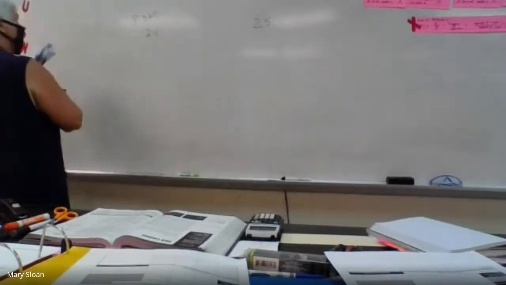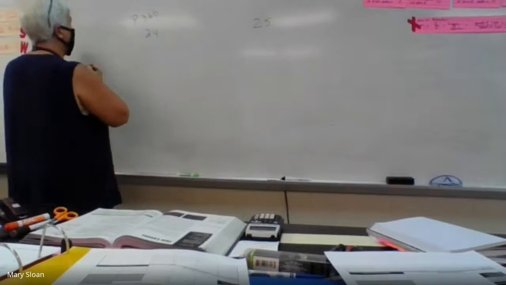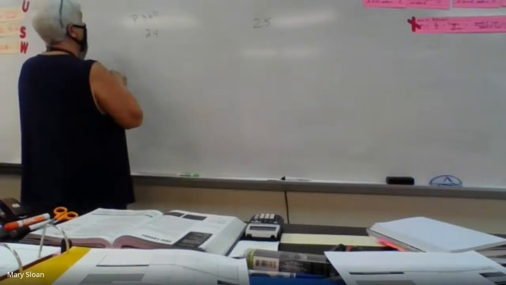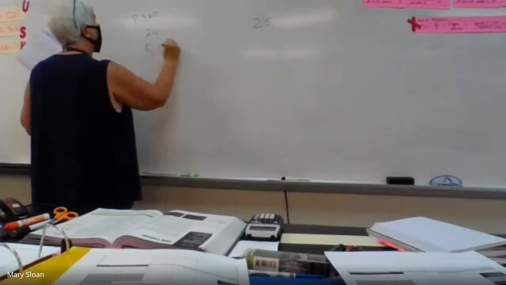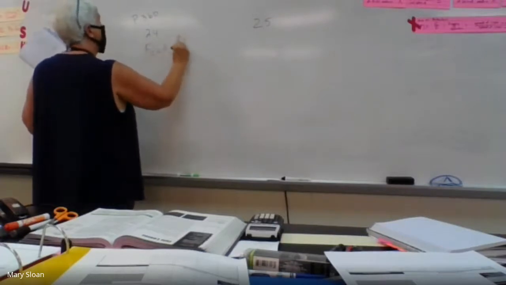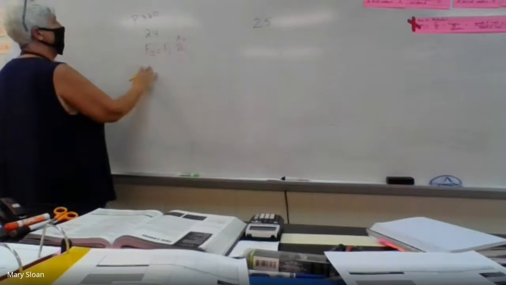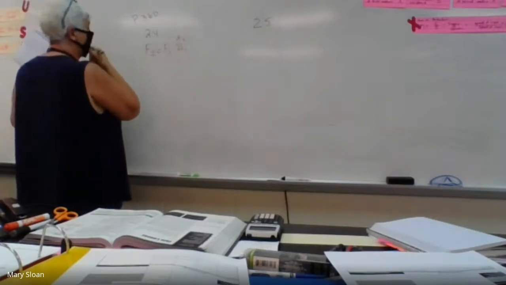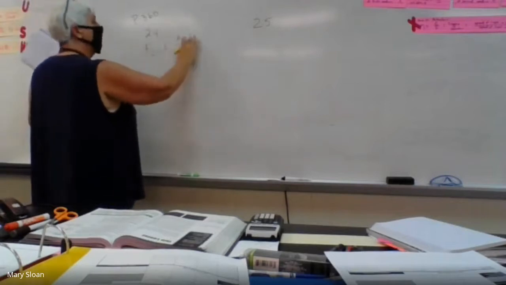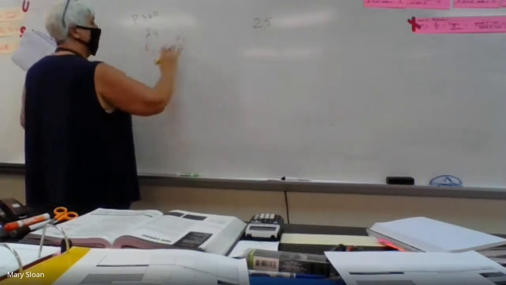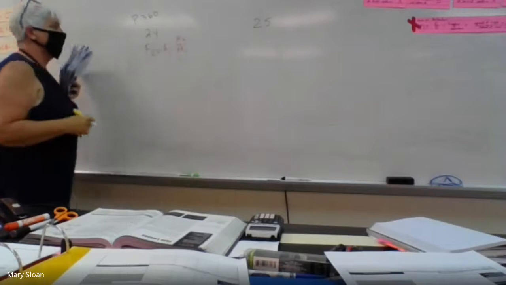Okay, so let's look. Formula is what? F2 equals F1, A2 over A1. F2 is the force of the second piston. F1 is the force of the first piston. A2 is the area of piston 2, and the other one's the area of piston 1.